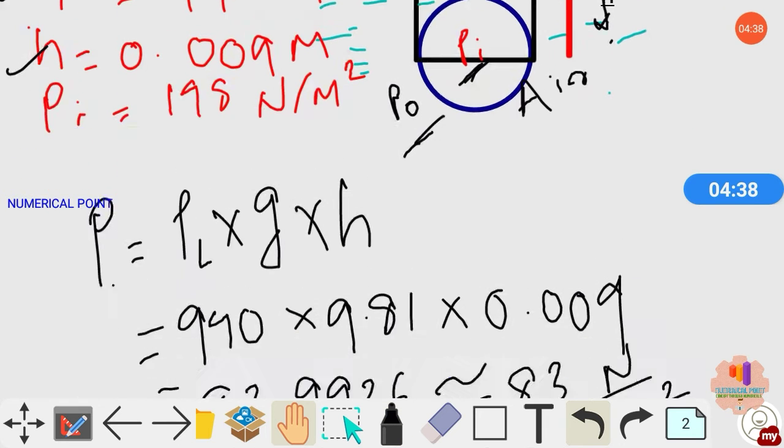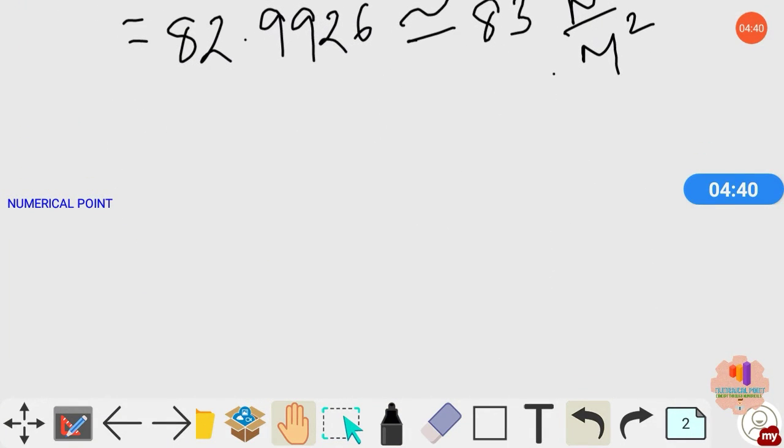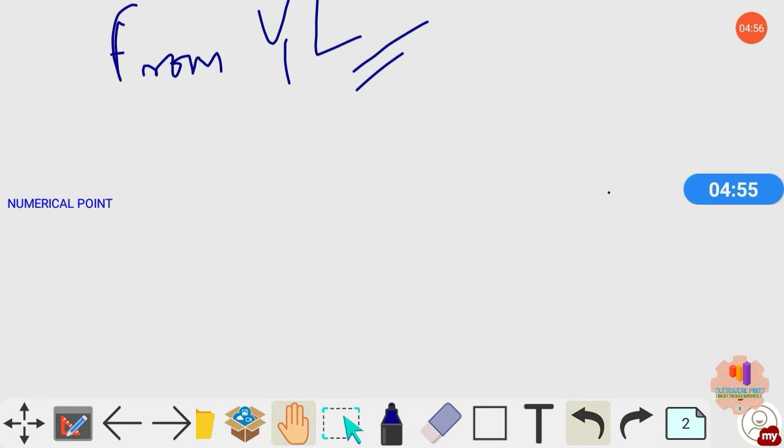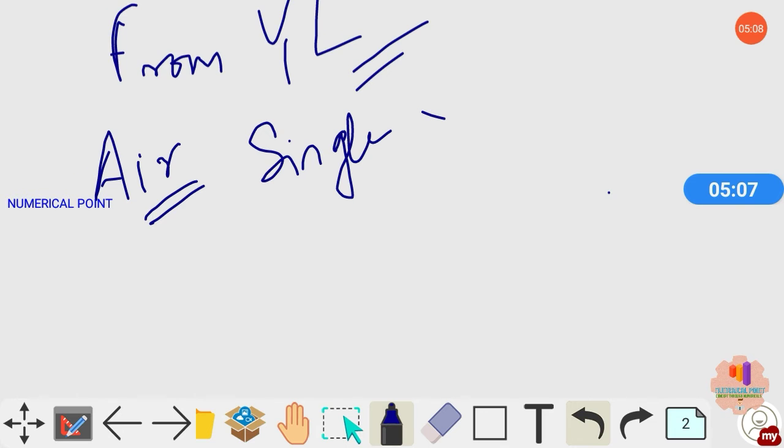We know from Young's Laplace equation, for an air bubble, the important thing is it is an air bubble. For a water bubble the formula will be different. For an air bubble it is a single interface problem. Here I want to show you how it is single interface.